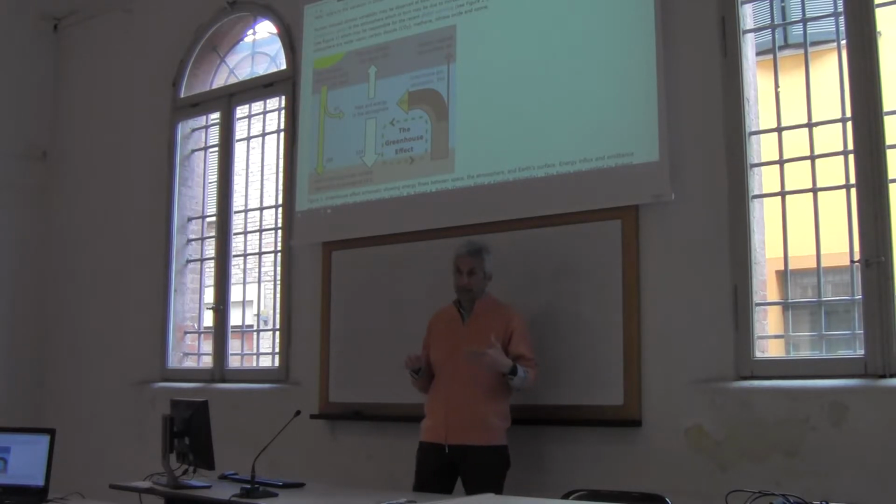There is also a deductive approach, meaning that we use a model. We build a model of the climate system, and through the model we increase the CO2 in the atmosphere. So we assume that CO2 concentration may double in the next 50 years. And then through the model we study the effect.